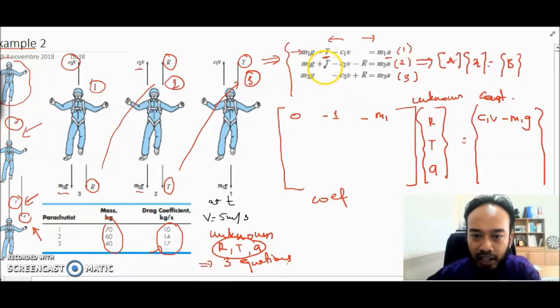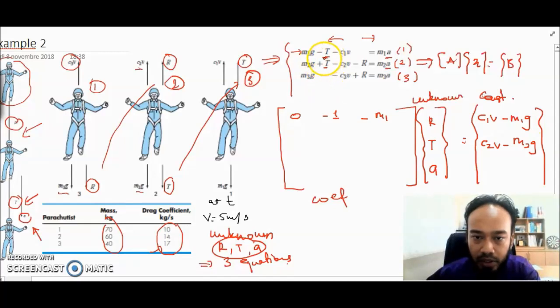Where are the unknowns? The unknowns are here, T and A. Again, the constants are M2G and minus C2V. Bring to the other side, it becomes C2V minus M2G.